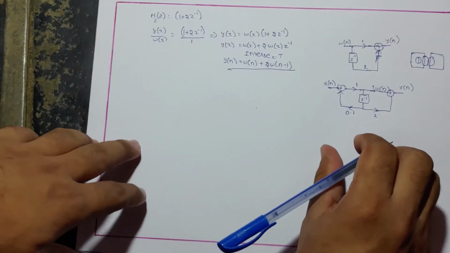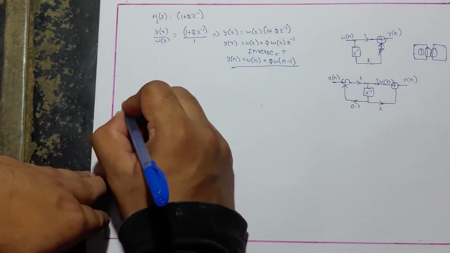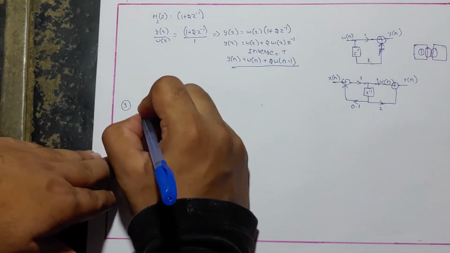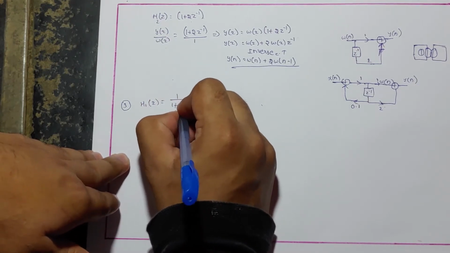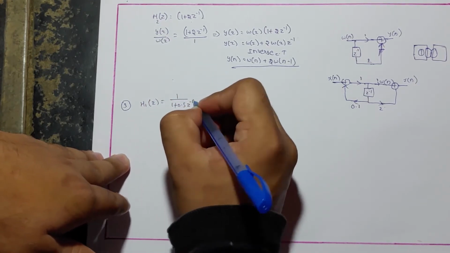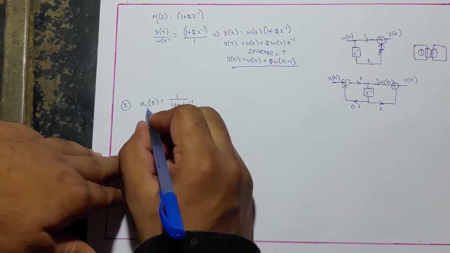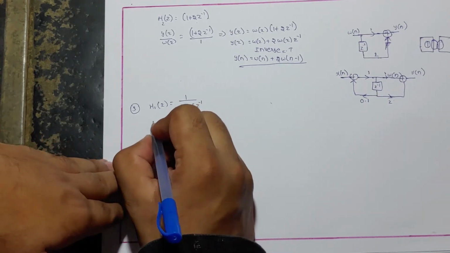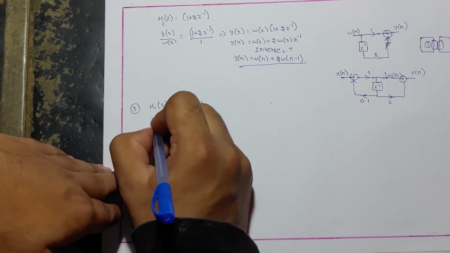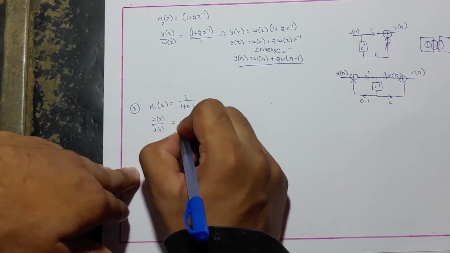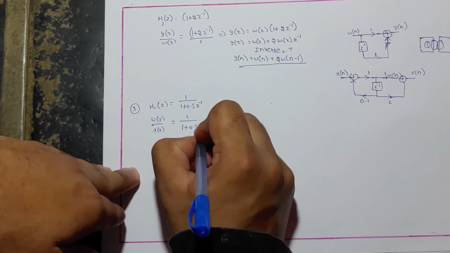Now let us continue with the third part, that is h1 of z is equal to 1 by 1 plus 0.5 times z inverse. As it is h1 of z, it takes input as x of z and gives output w of z, which is equal to 1 by 1 plus 0.5 times z power minus 1.